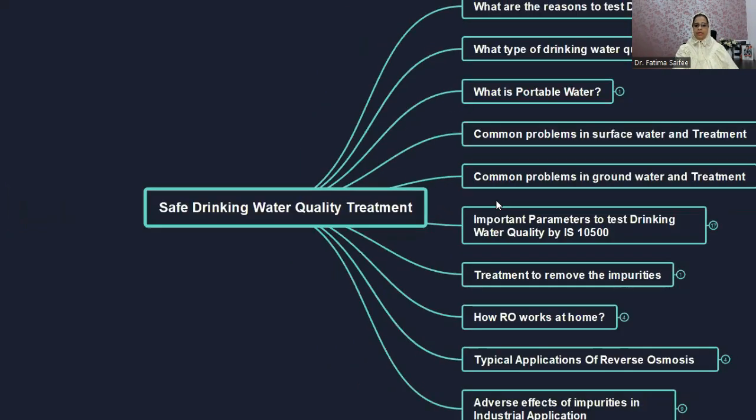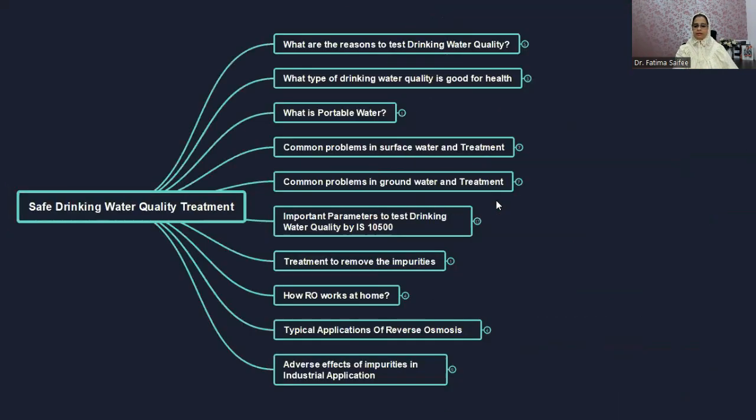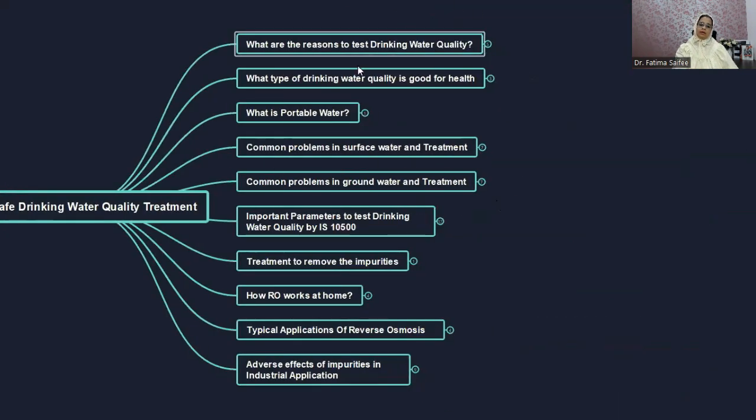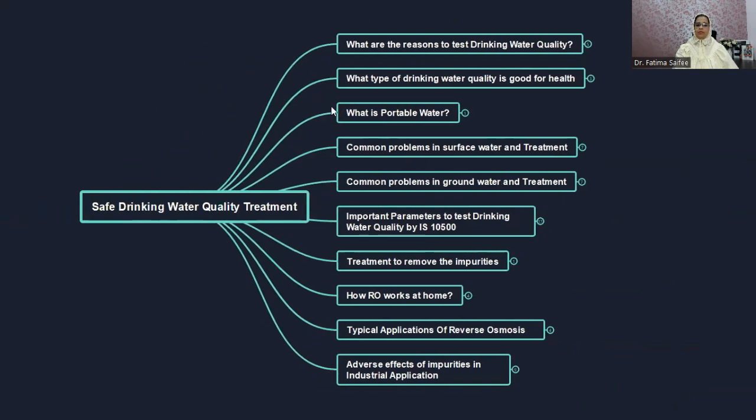There are a few elements which I have covered in this course, and we will go step by step. What are the reasons to test drinking water quality? What type of drinking water quality is good for health? What is potable water? Common problems in surface water and treatment.